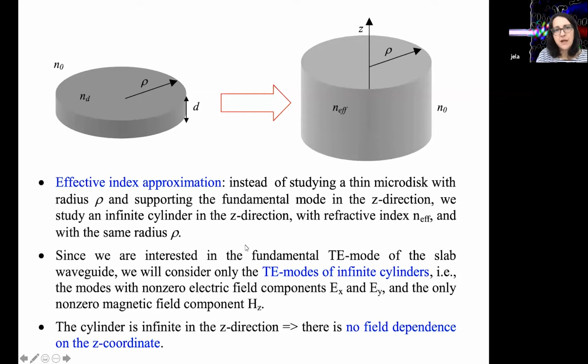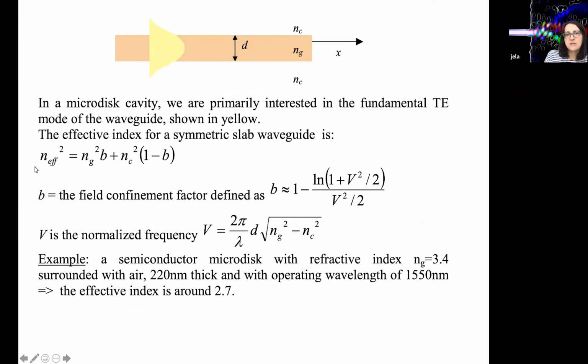So again, whispering gallery mode approximation: neglect the fields outside of the disk. And effective index approximation means that you analyze a two-dimensional instead of a three-dimensional problem, but you have to introduce an effective index. For the first order mode, that's the vertical profile inside of the slab where you made a disk, you can find the effective index using this set of equations.